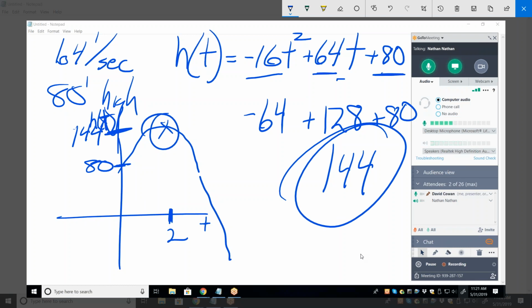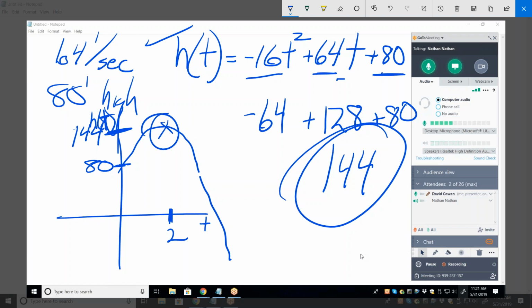Now, they could have just as easily asked when the maximum height occurs. And if they ask that, the answer is 2. Because it's slightly different, you end up needing both. In other words, that's why they spend so much time asking you where the vertex is, because they want you to do it the way they want you to do it.